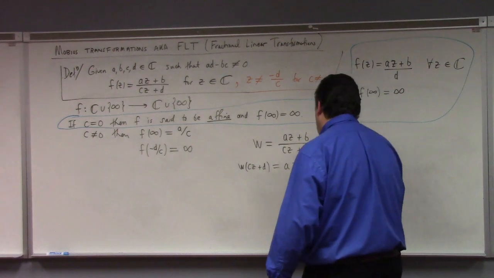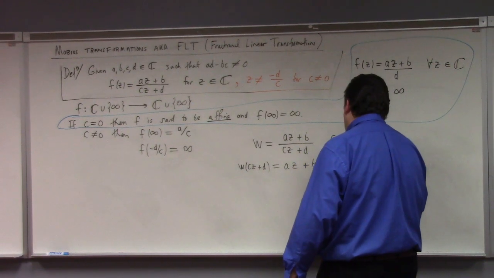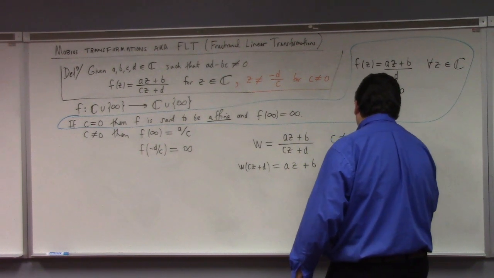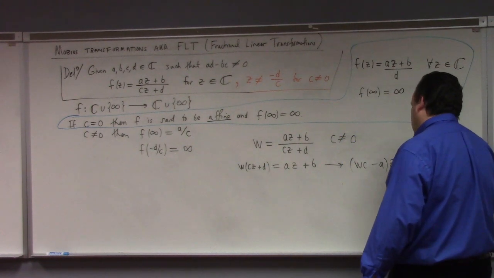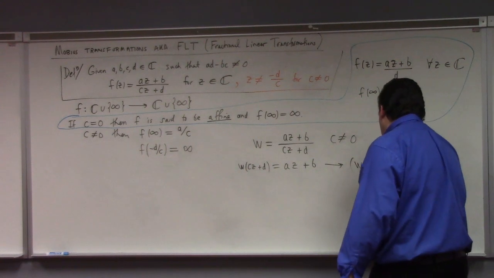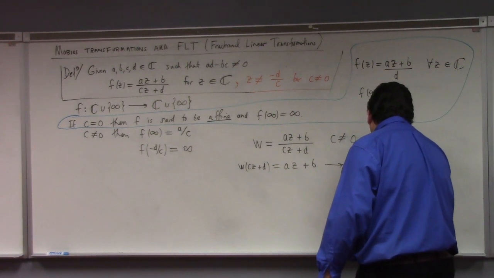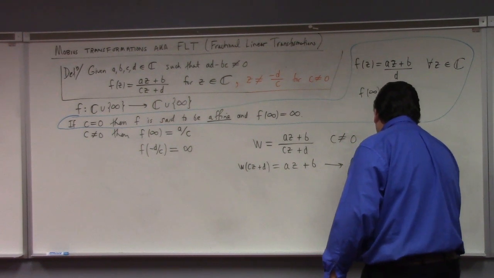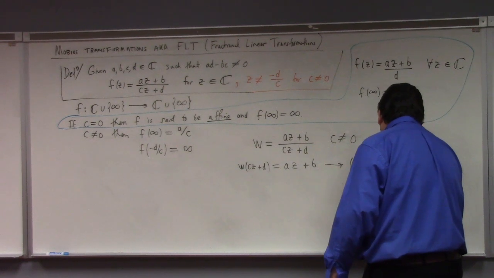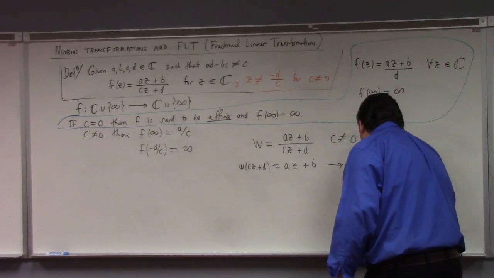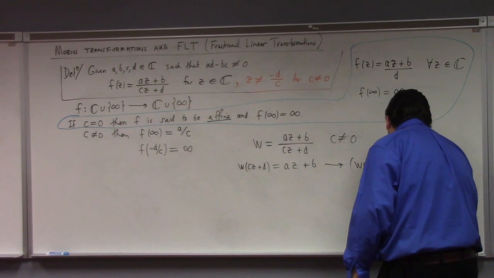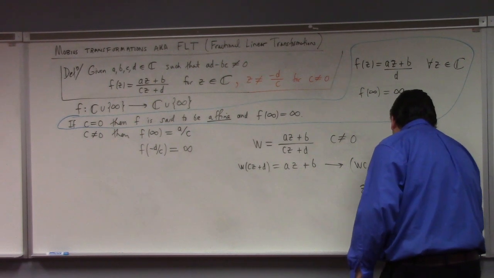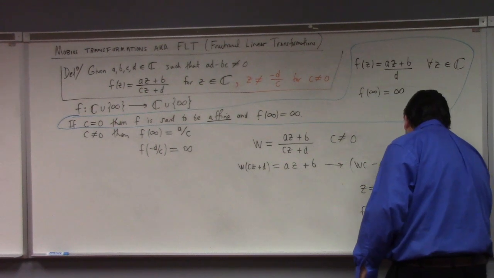So we got ourselves wc minus a times z is equal to b minus dw. So I get z is b minus dw over wc minus a. Lo and behold, f inverse of w is equal to b minus dw over wc minus a.